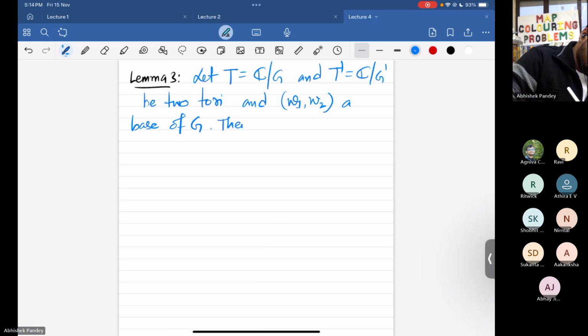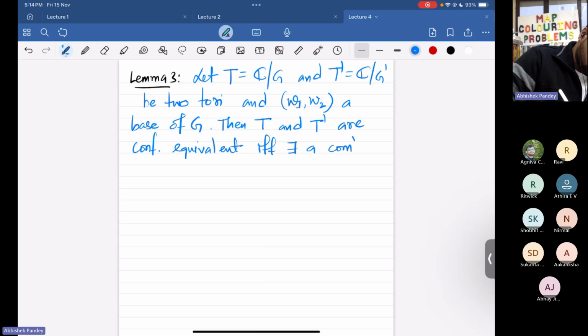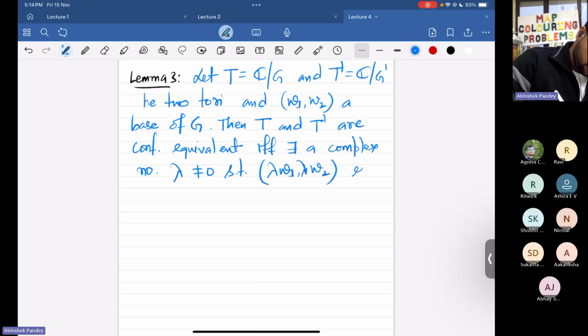Then T and T dash are conformally equivalent if and only if there exists a complex number lambda non-zero such that lambda W1 and lambda W2 is a base of G dash.